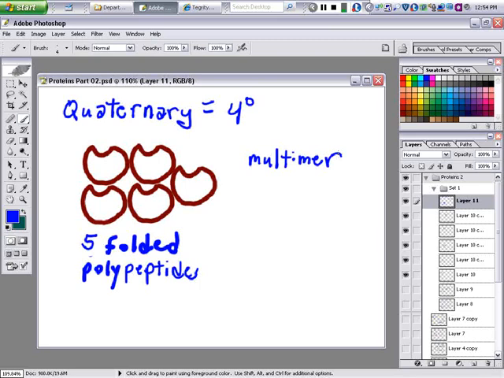If a protein has more than one folded polypeptide, like here we have 5, 1, 2, 3, 4, 5, we call that protein a multimer, many-mer units. It has many units, a multimer. Make sense?